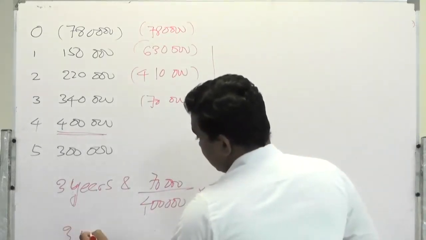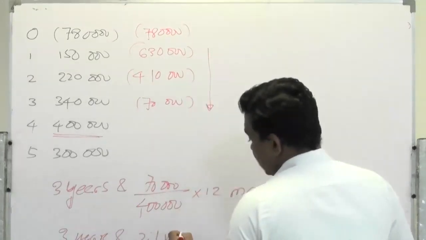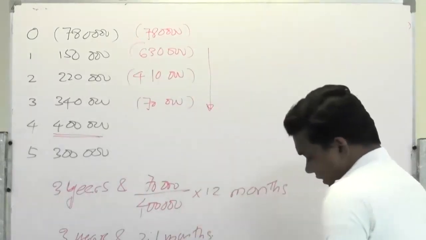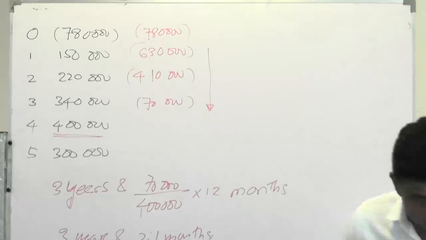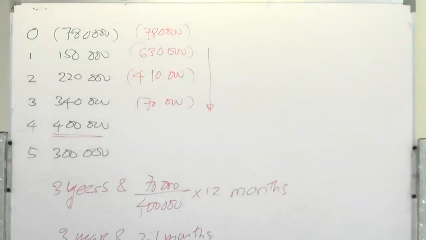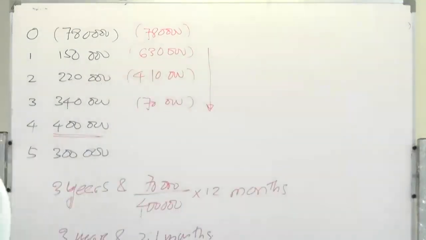Therefore, 3 years and 2.1 months required. This is the payback period. Let's see the answer now in question number 35.